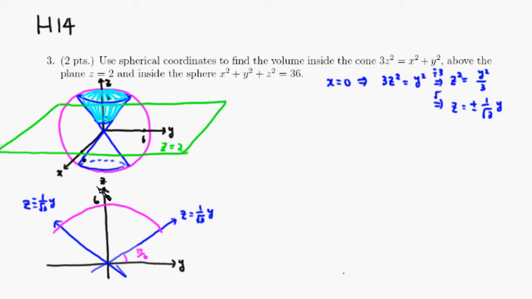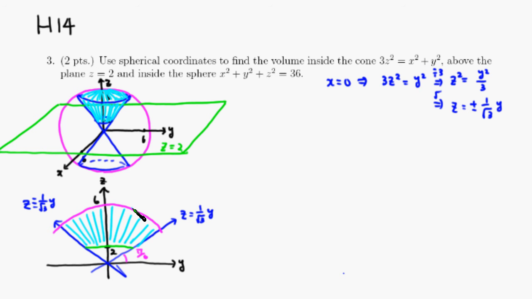Then z equals 2 is somewhere around here, cutting that off. So we're talking about this region right here. That's the cross section with the yz plane.